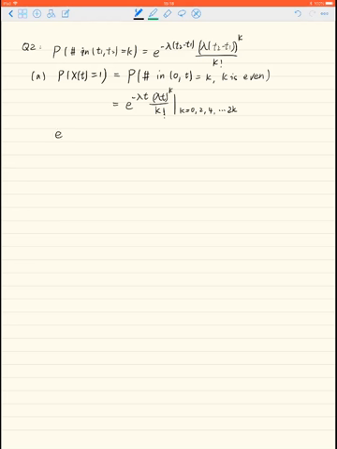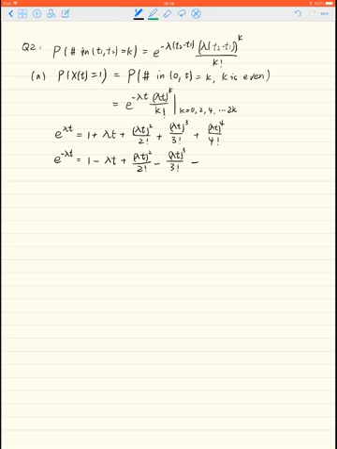In the Taylor series, we already know that e to the power of lambda t equals 1 plus lambda t plus (lambda t) squared divided by 2 factorial plus (lambda t) to the power of 3 over 3 factorial plus (lambda t) to the power of 4 divided by 4 factorial. And similarly, e to the power of minus lambda t equals 1 minus lambda t plus (lambda t) to the power of 2 divided by 2 factorial minus the odd terms, plus the even terms.